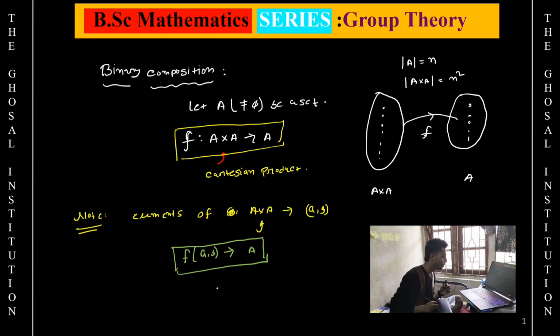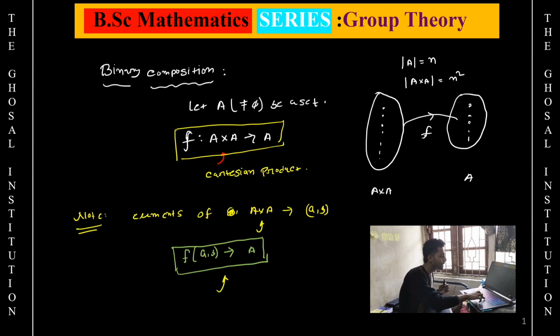Here we write F of (a, b) goes to a, so we can write this as a compose b. This is called composition or binary composition. If we define how a compose b looks, it means we are defining the image of F of (a, b).